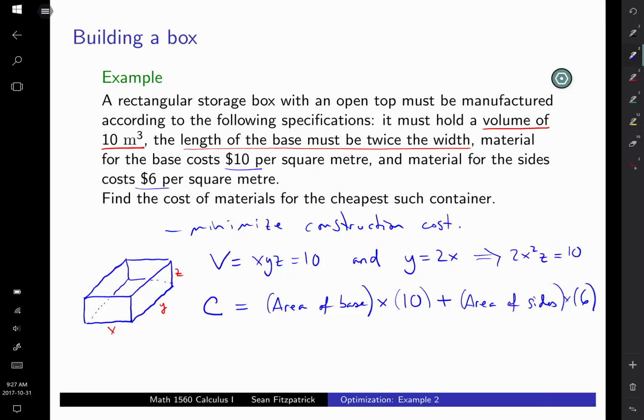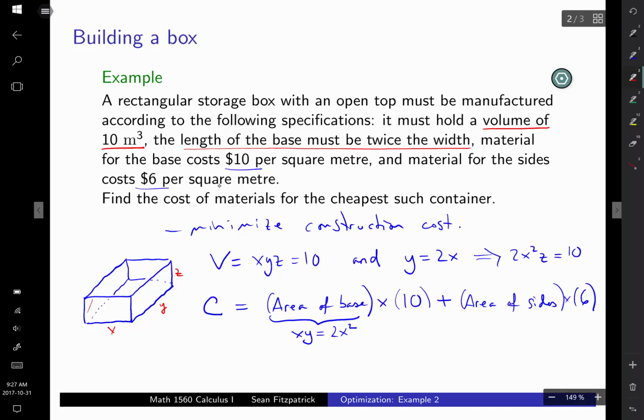All right, so we know what the area of the base is. So the area of the base is just x times y, right? But y is equal to 2x, so this is 2x squared. The area of the sides, well, there's a couple of sides, right?